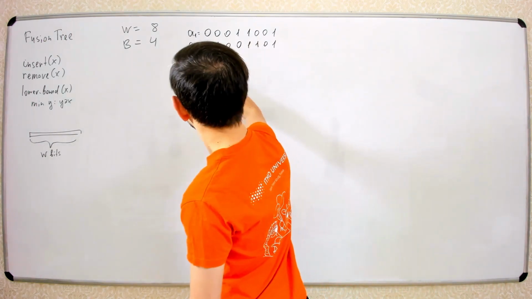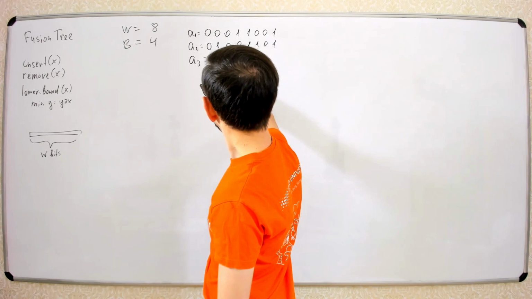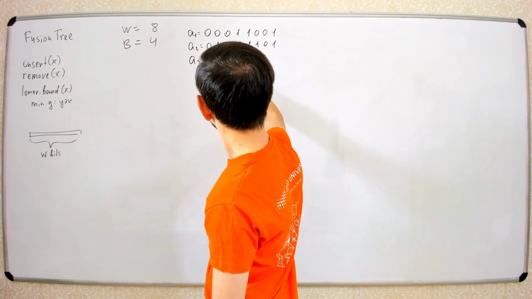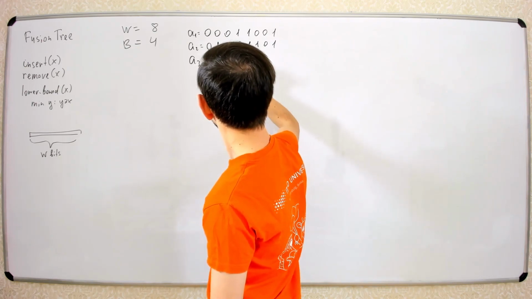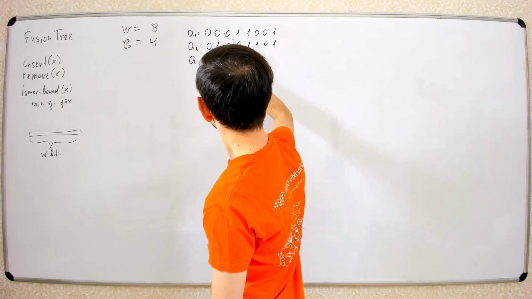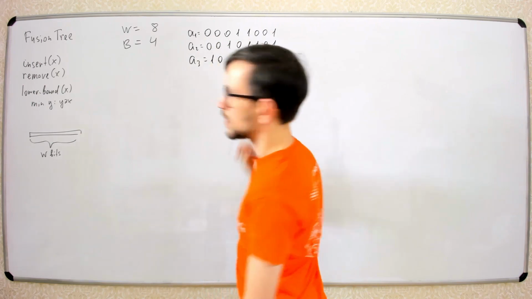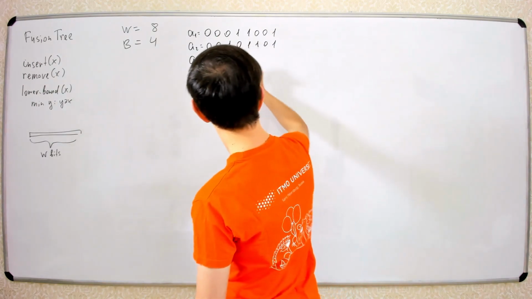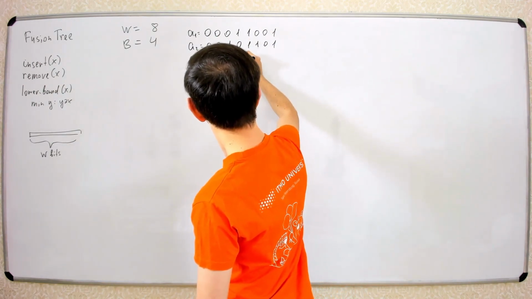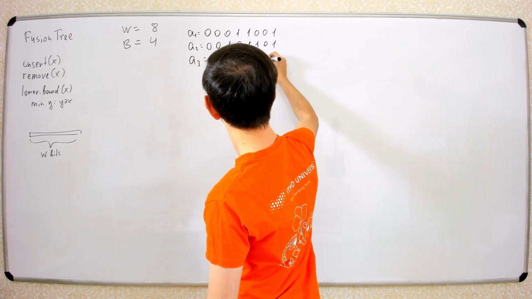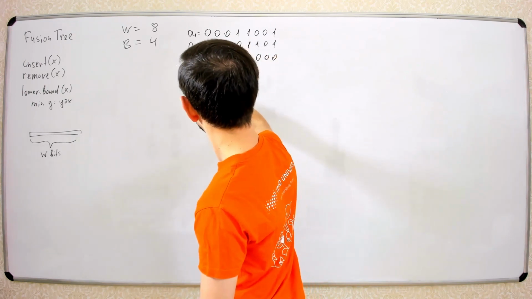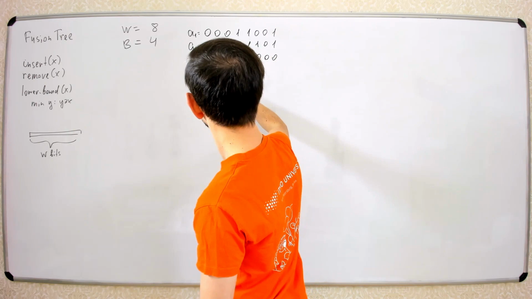Now the third one, let's say 1, 0. It's usually hard to make a good example. 0, 1, 1, 0, 0, 0, and A4, something like this.